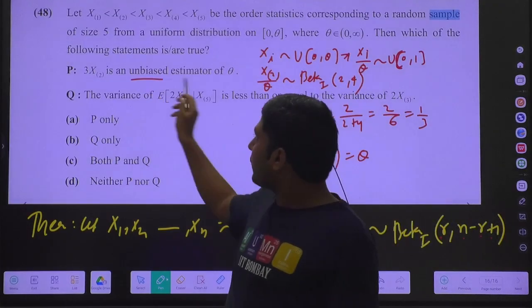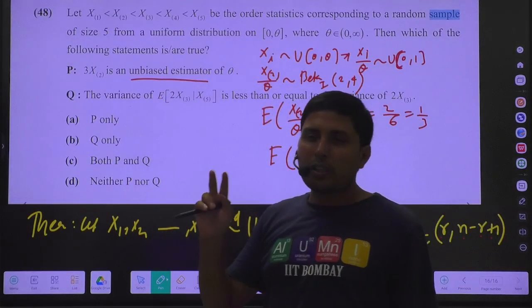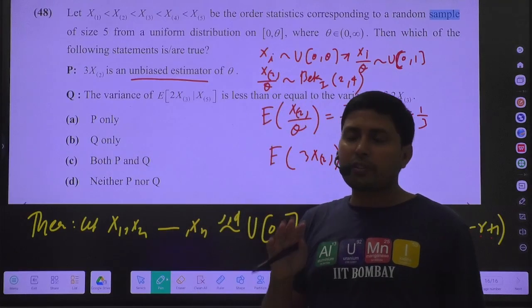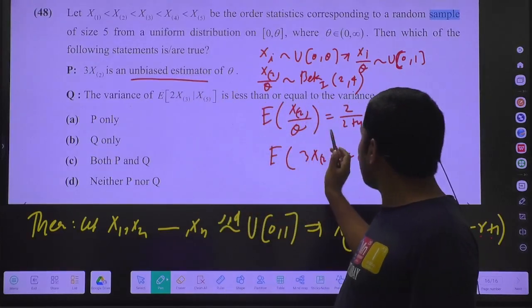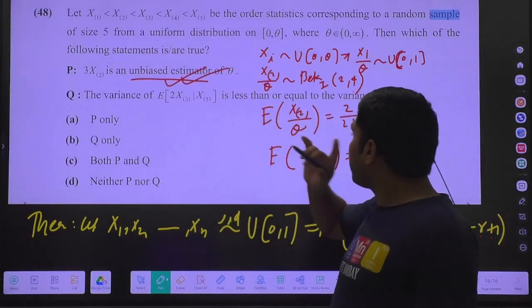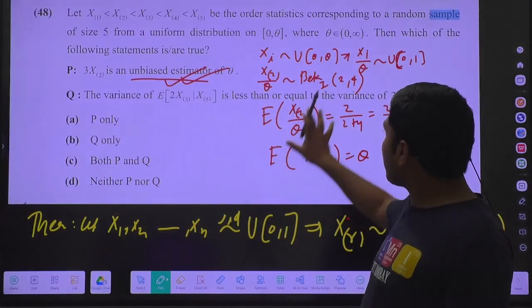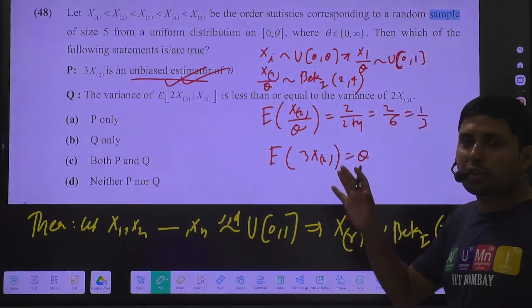You know the definition of unbiased estimator: T is called an unbiased estimator of theta if expectation of T is theta. So expectation of this is theta, yes, so this statement is true. I calculated this because of the transformation, although this is a question of estimation.